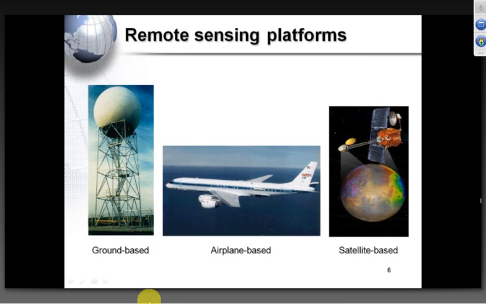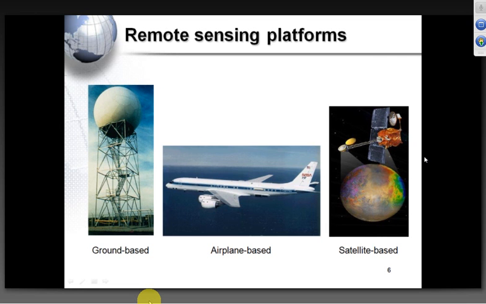Now, remote sensing platforms. It can be ground-based, airplane-based, and satellite-based. Ground-based means you can take the images of any particular area at a particular height on the ground itself.